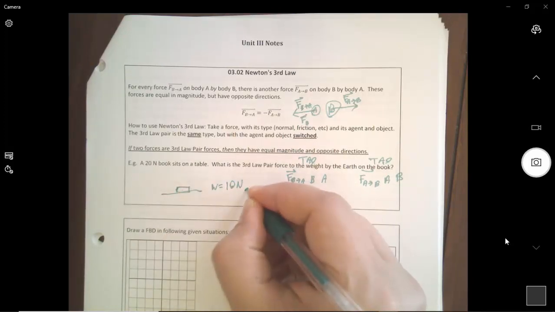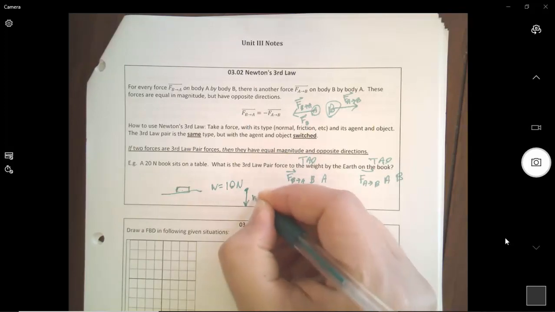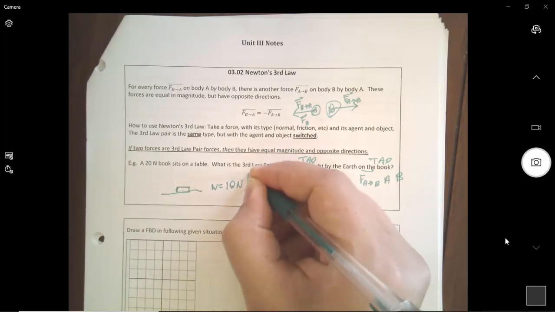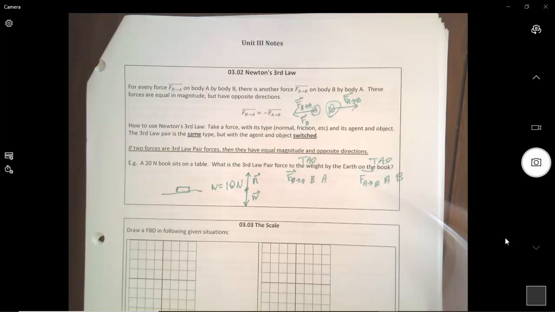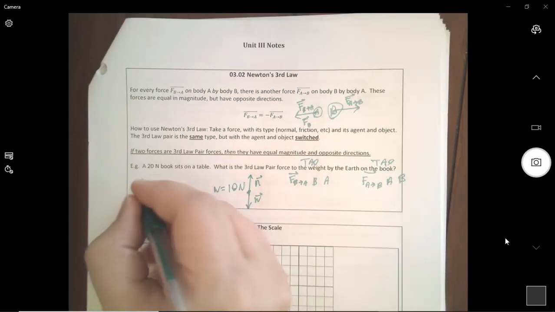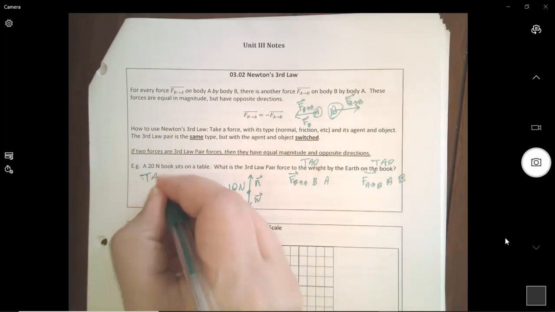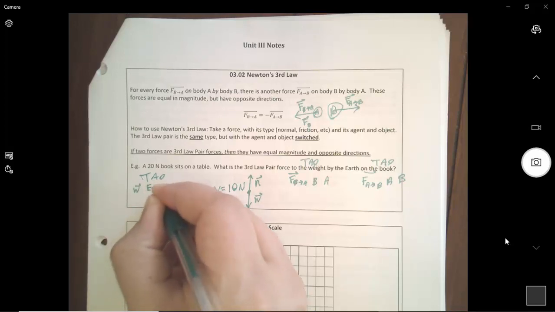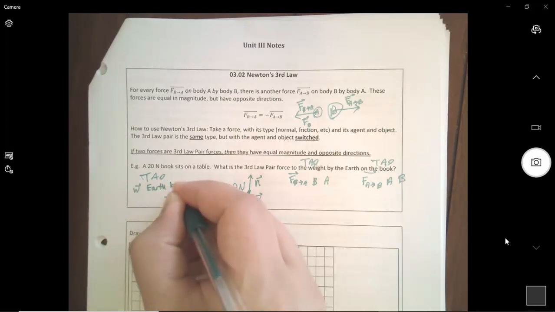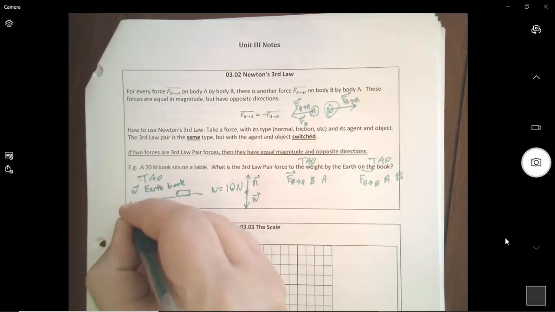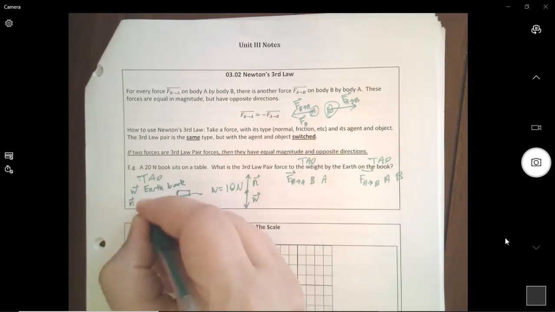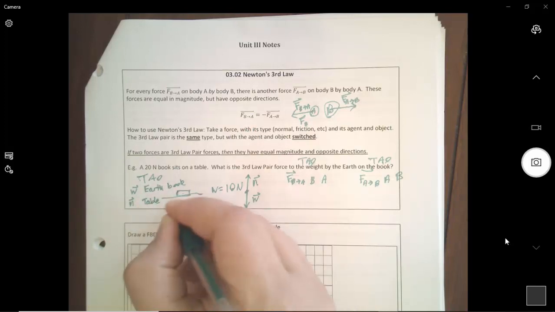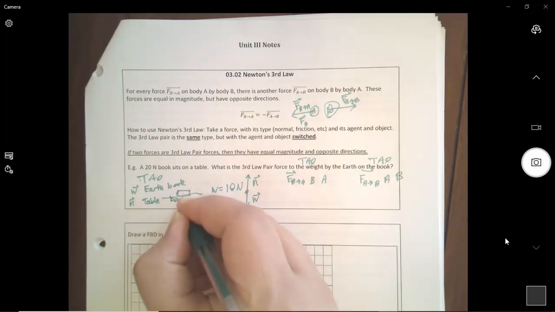So if we had a free body diagram for that book, we have weight pointing down, we have normal pointing up, right? So we could write a tau chart for this. We have weight by the earth on the book, and we have normal by the table on the book, right?